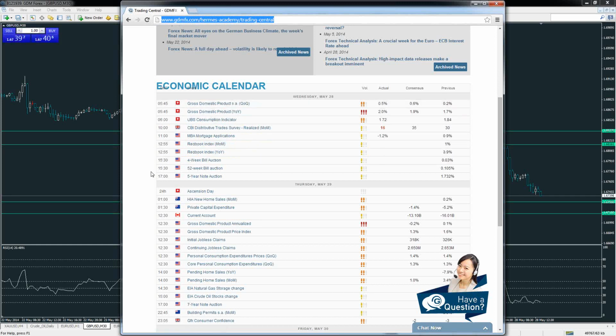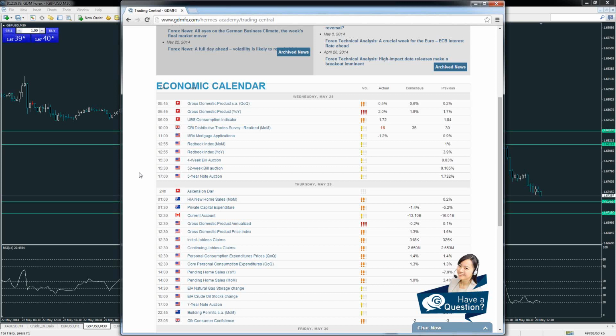You can find the economic calendar, from where you can follow the expectations and the actual numbers about the news. Everything is on our website. Whatever you need as an explanation of the terms that we use when we're explaining the market and leading the webinars, you can find in the Hermes Academy. Everything is in the education part of the website.